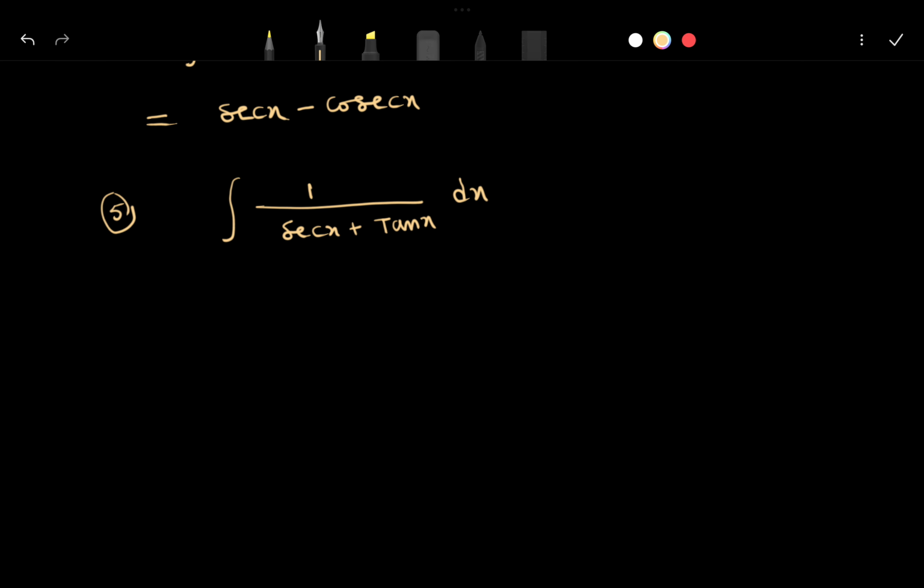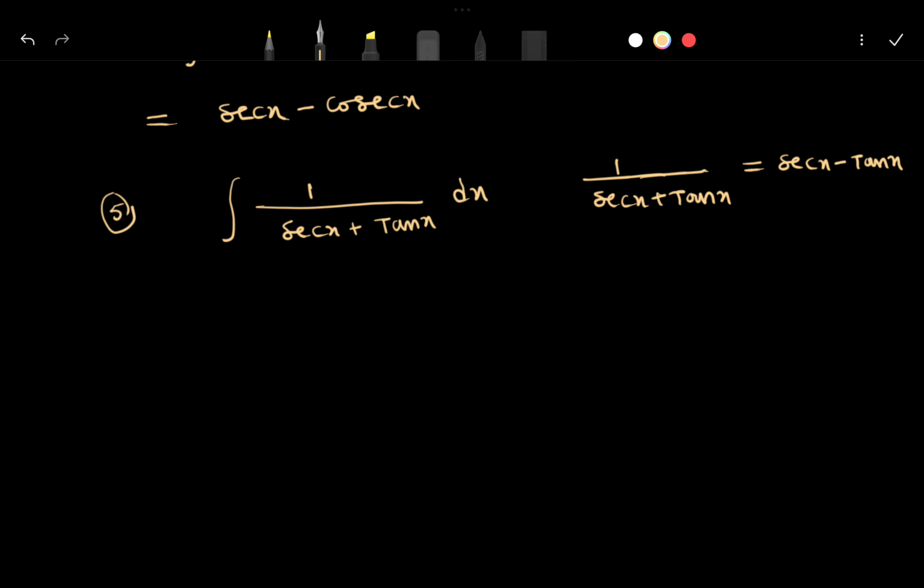I told you first, before you do integral problems, whenever trigonometric functions are given, you have to recall all the fundamental formulas. One formula is there in integration, trigonometry: 1 by secant x plus tan x, the value you can write as secant x minus tan x.